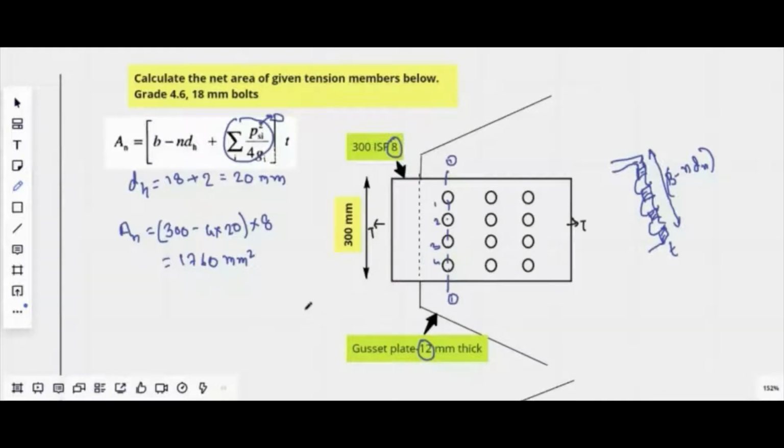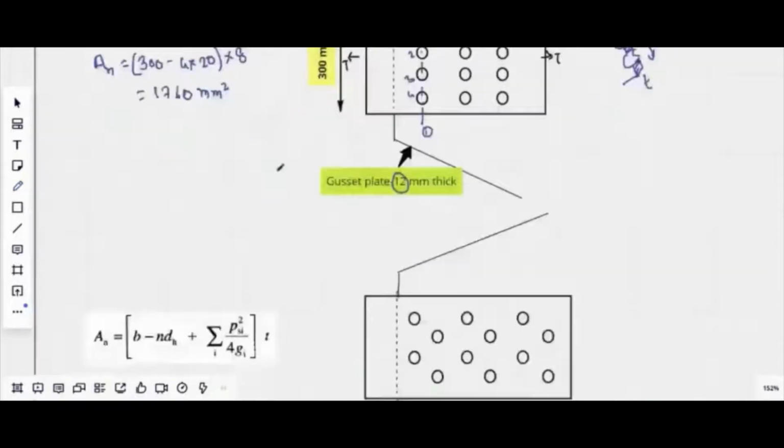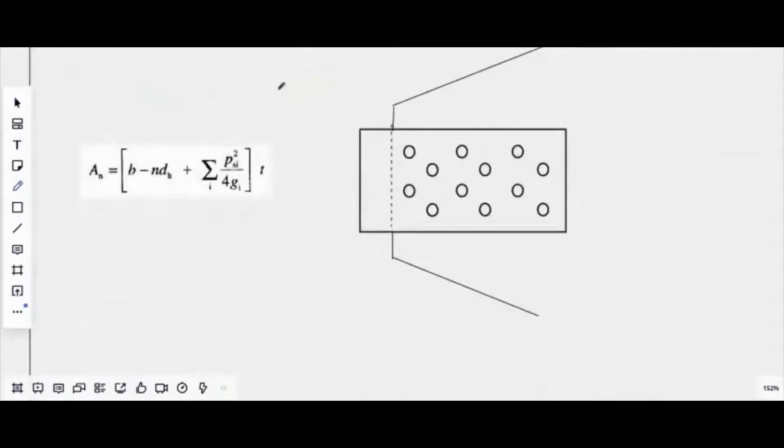Let us take a case and determine the net area of a section when there is staggered bolting. There are a number of ways a section may fail in staggered bolting. So let us consider a case where section 1-1 will be our failure zone.